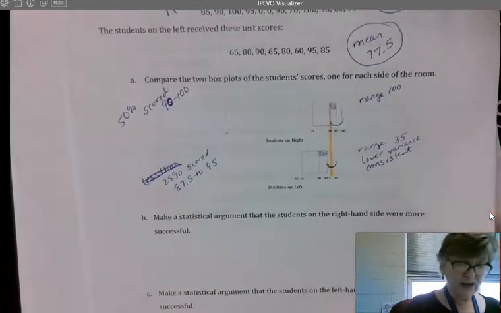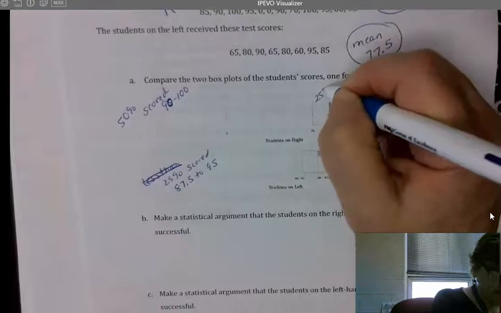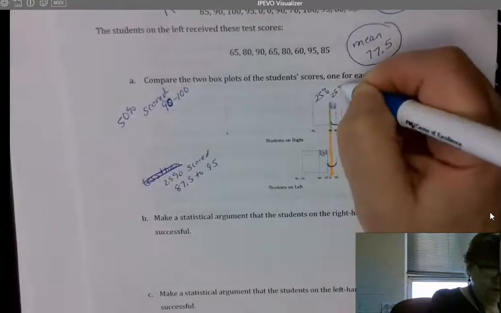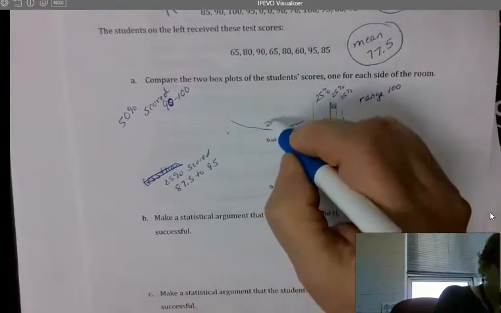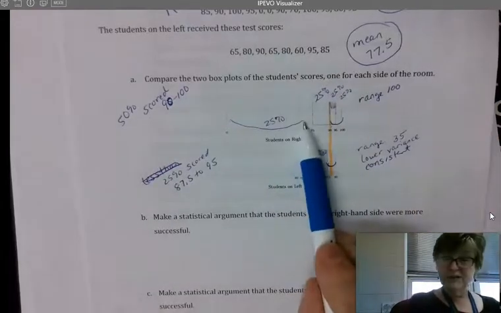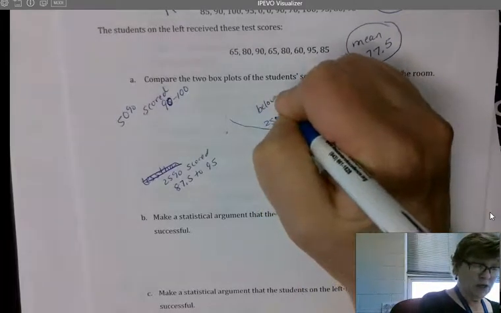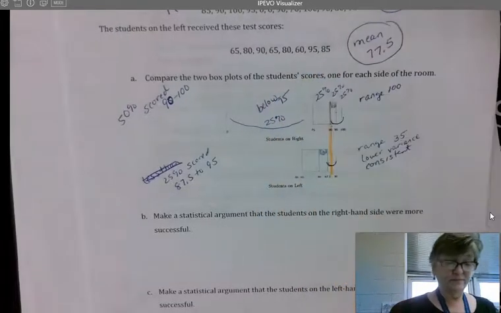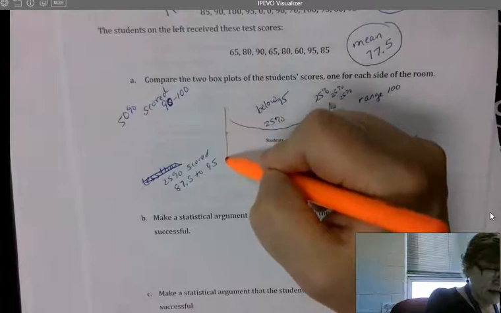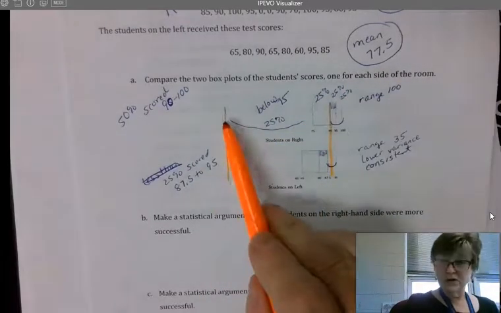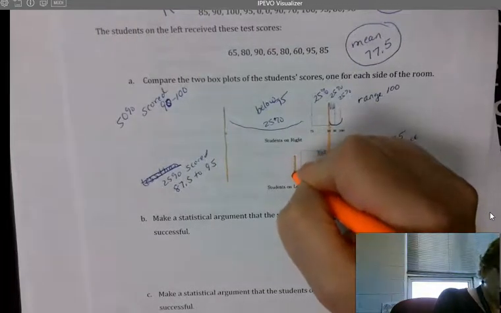Another thing that we can look at is if this is right here 25% and 25% and 25%, and then you've got a large range here of 25%. Now notice this 25% scored below a 75. Now if we come down here though, notice that my low extreme here was at 0, whereas the lowest score here was a 60.